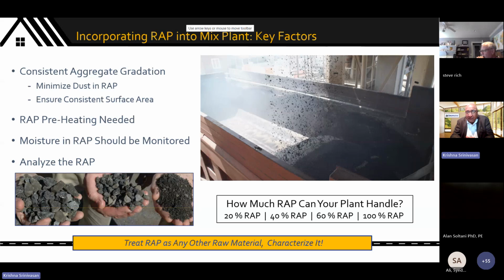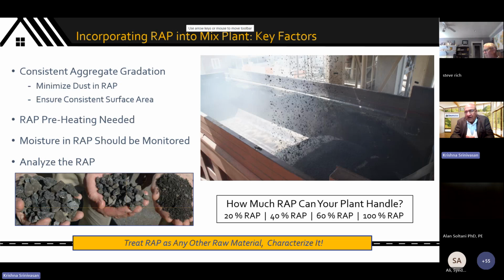Indeed, if a plant is running, let's say 300 tons per hour, 40% RAP for several days in a row, you have a rain squall, your RAP pile is not tarped over, it's not sloped, your plant manager is going to reduce both, perhaps one or even both. He's going to reduce the amount of RAP. If he was running 40, 45, he may end up running 30, 35 for the next 2 or 3 days while the RAP dries out.